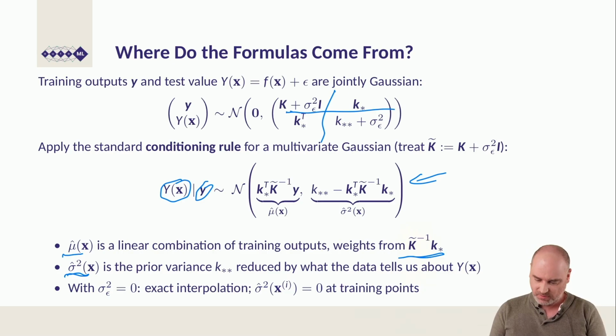And if this guy here is going to be 0, you can very simply prove that we are going to create an interpolating model where the posterior variance at a design point, so at a training point, is going to be exactly 0, which means we are directly interpolating all of the training data.